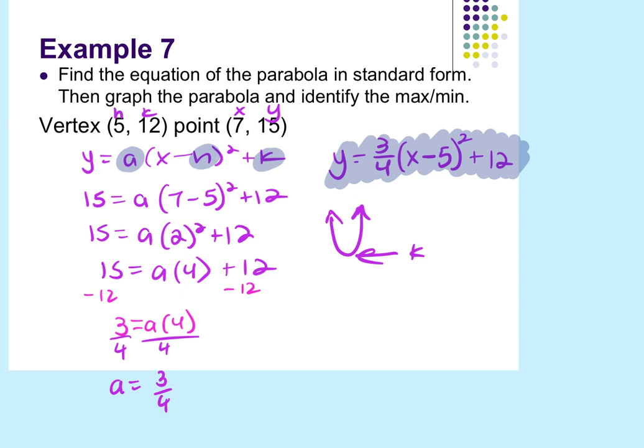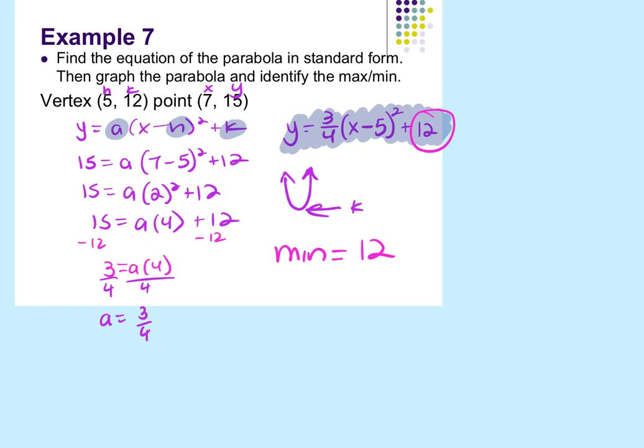And what's that minimum value? Not 3/4. It's 12, your k. Careful, it is not your c. If it's in quadratic form, you can't pull the c. If it's in standard form, that's where you identify the k.